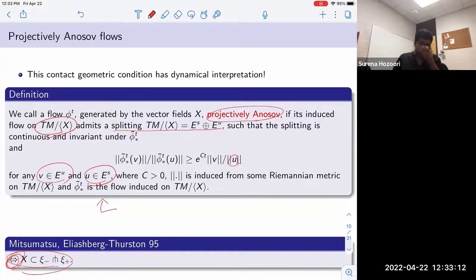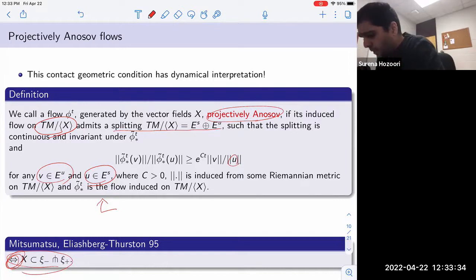Okay, so this is quite weaker, maybe. If you don't have intuition, we don't know how much weaker than Anosov flows it is, but from the definition, it's clearly weaker because you're only controlling the ratio of the length of these two vectors.